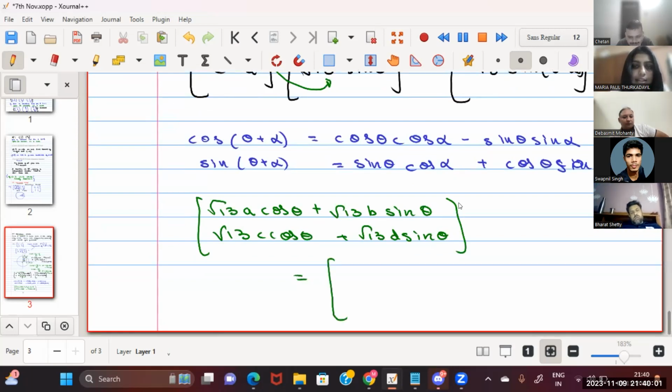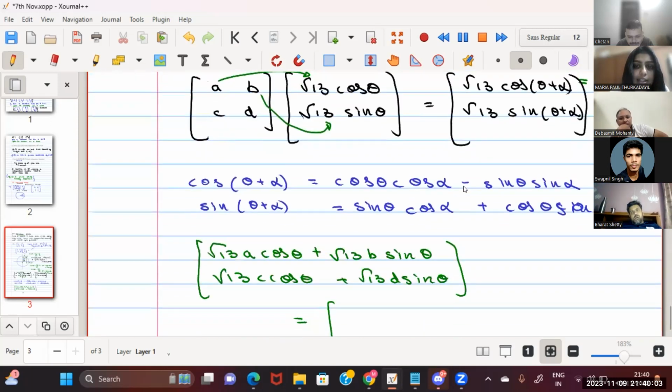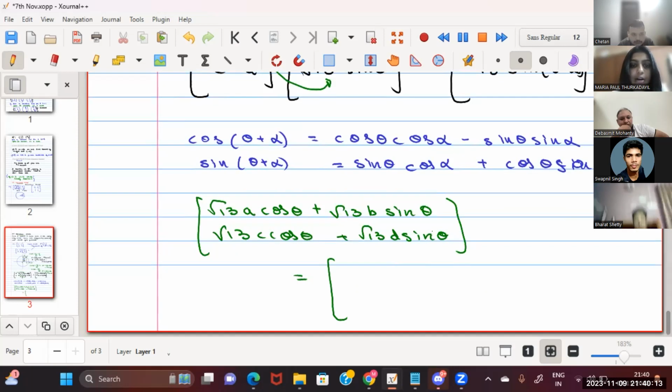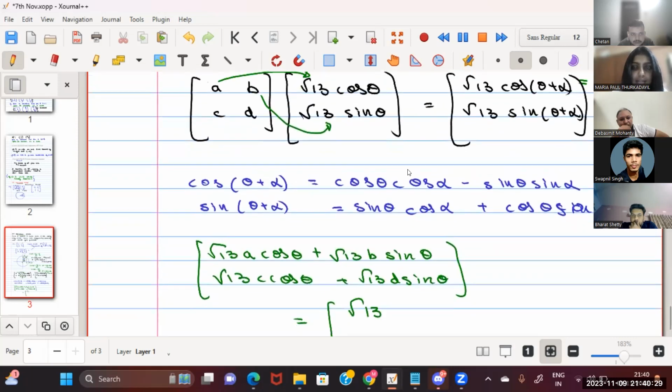So now there's something interesting. We obviously don't know what the matrix is, but you actually notice that this root 13 is common on both sides. Whatever the magnitude of the vector, your matrix does not depend upon it, because that part gets cancelled out on both sides.